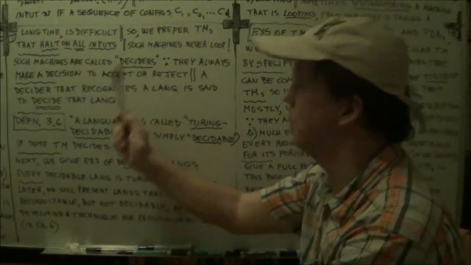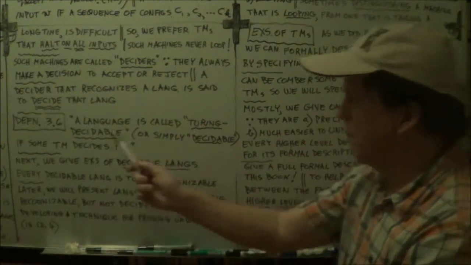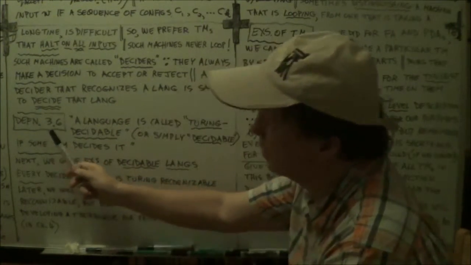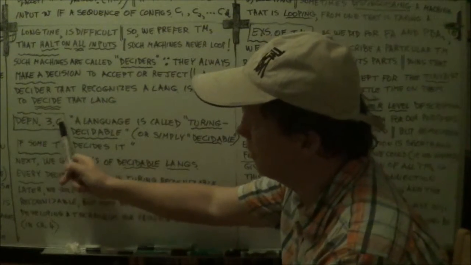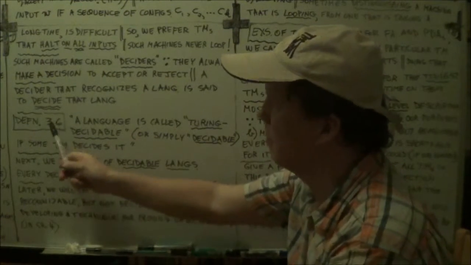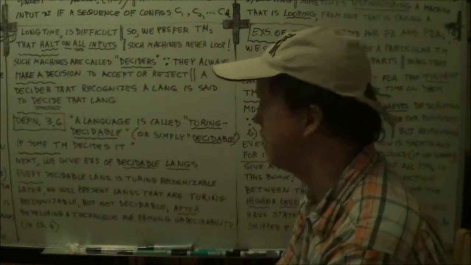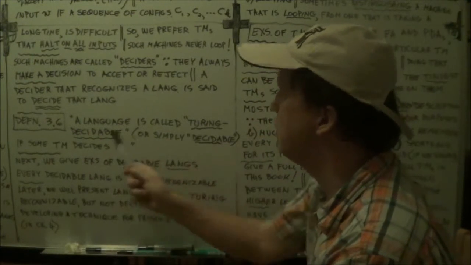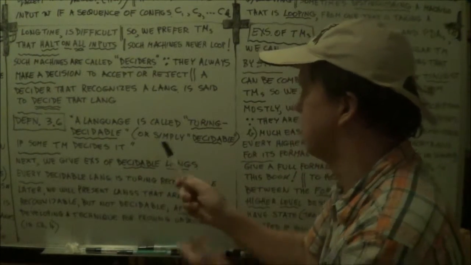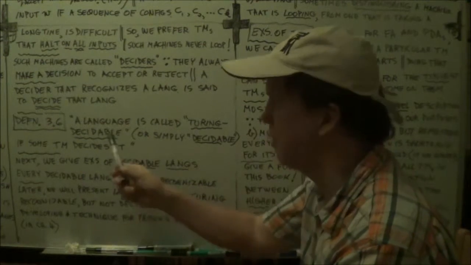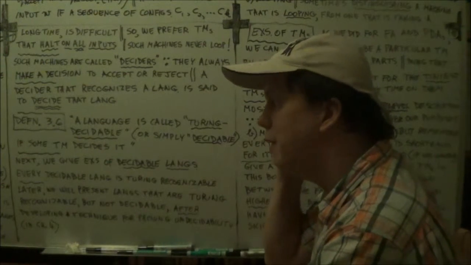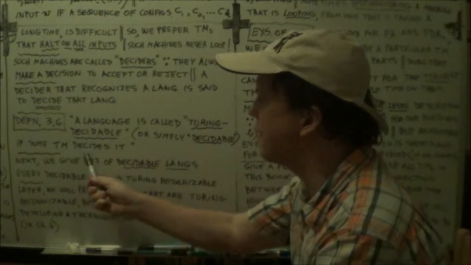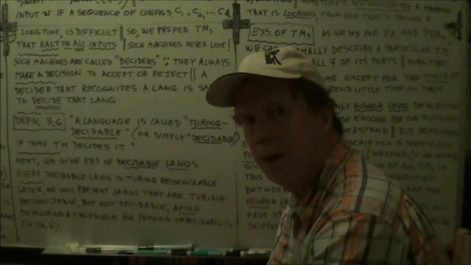Okay, so more definitions. Here's another formal definition, 3.6, chapter 3, the sixth thing in the chapter. A language is called Turing decidable, or just simply decidable. You tend to abbreviate it after a while. If some Turing machine decides it.